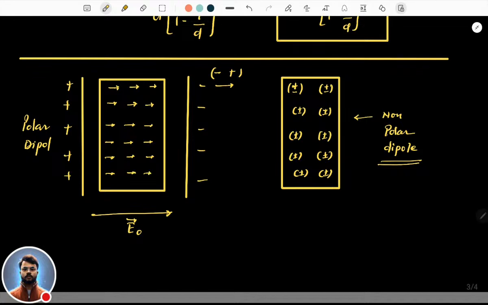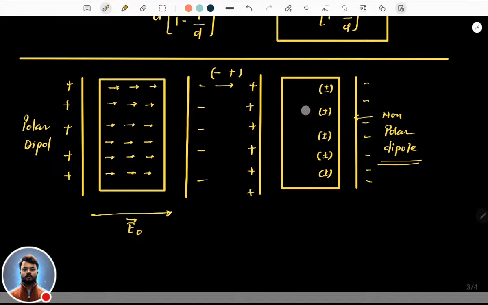And what about the non-polar? They behave the same. The non-polar dipole also behaves as a dipole now, and they also align themselves in the direction of the external electric field.